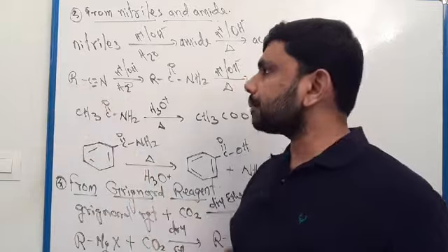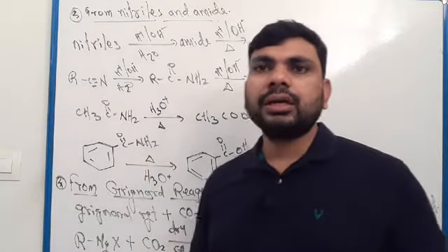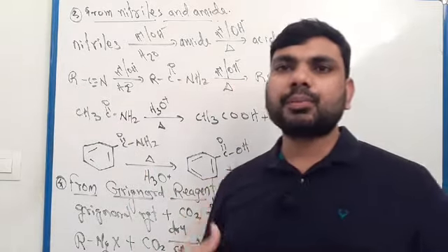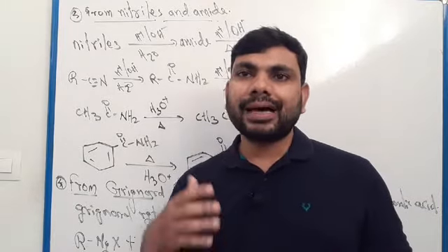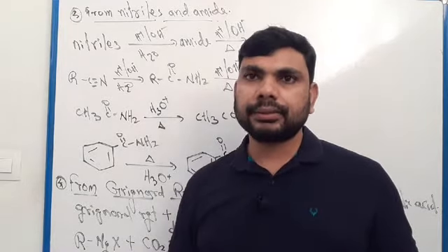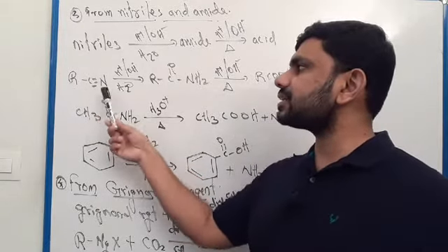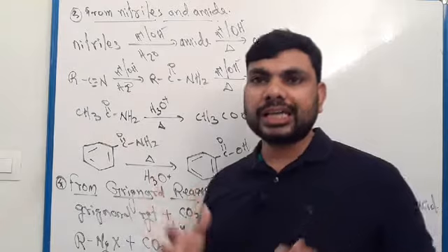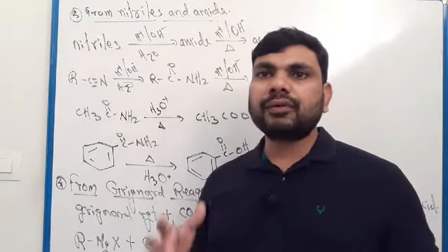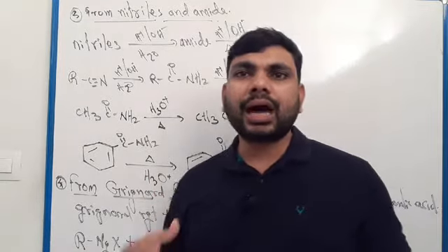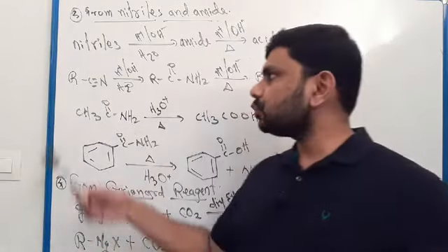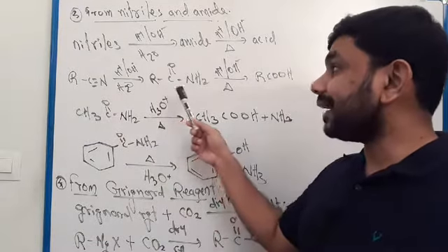Next, the third method of preparation of carboxylic acid: carboxylic acid prepared from nitriles and amides. Nitriles, we know, are compounds which contain CN, C triple bond N. This is a nitrile. Nitriles after acidic hydrolysis or alkaline hydrolysis will change to amide.